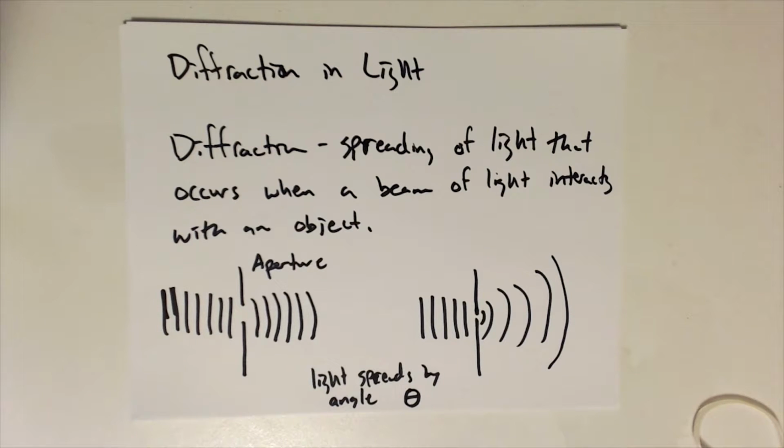The real way that this happens, and how we can explain diffraction, is through the idea of interference.